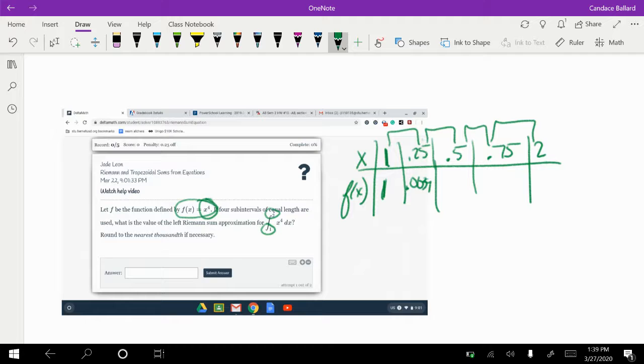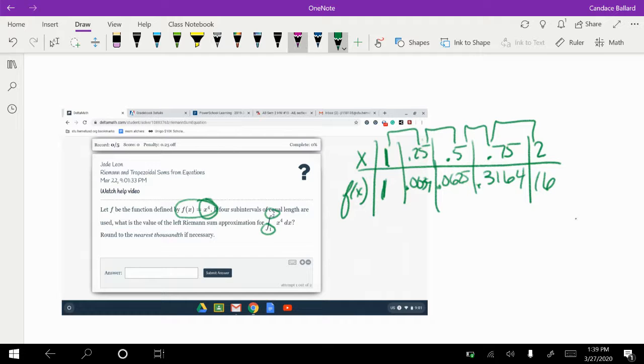And then 0.5 to the 4th is 0.0625. 0.75 to the 4th power, I've got 0.1364. And then 2 to the 4th power is 16.